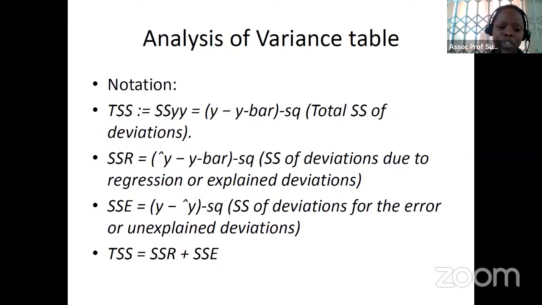So we sum all those deviations and get the total variation. Then we have the regression variation. After we've regressed onto X, we get the regression or explained deviations. Then we have the sums of squares due to error, or residual, or unexplained variation. So the total variation in the response is divided into the regression variation, or the variation explained by the regression model, and the unexplained variation, which is SSE.